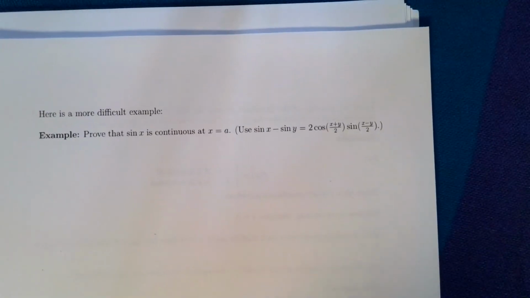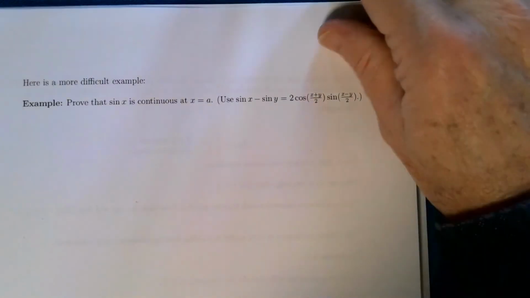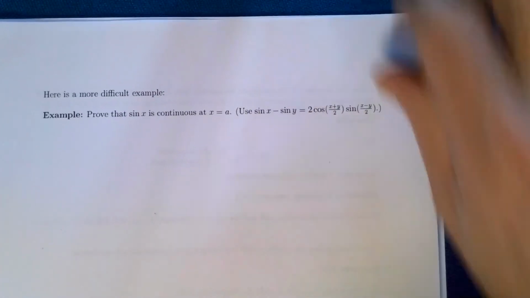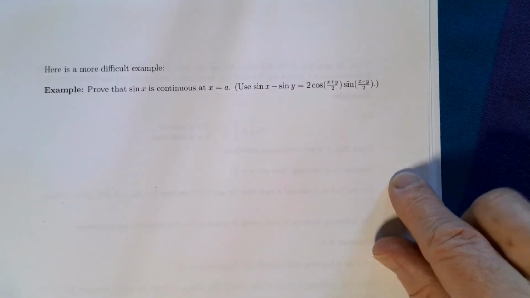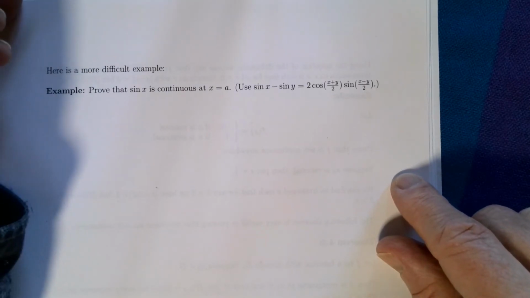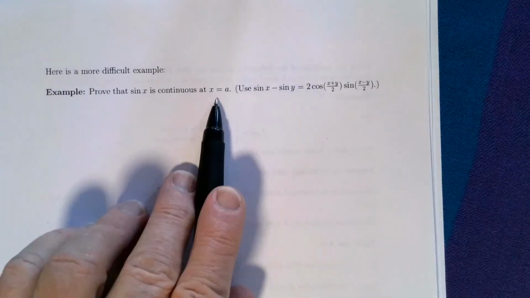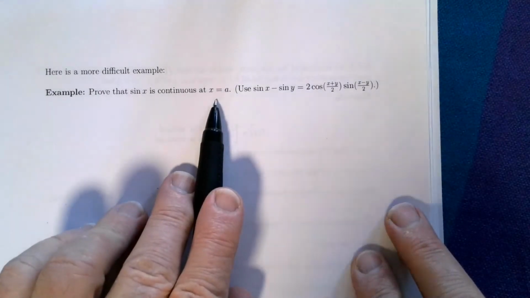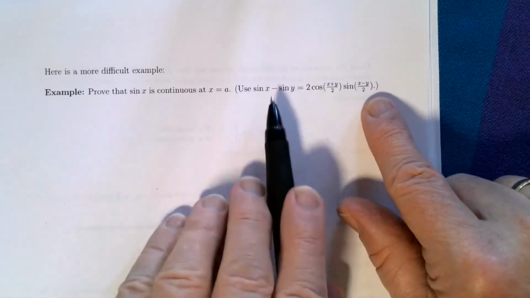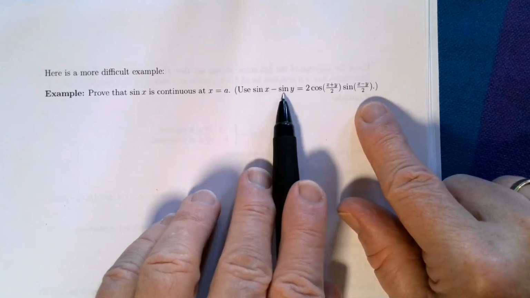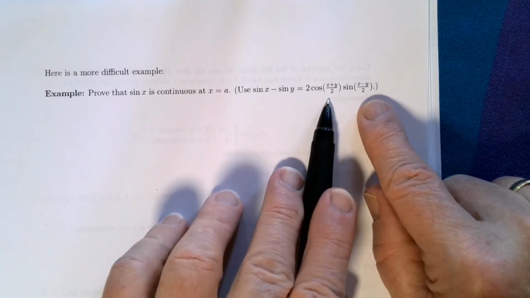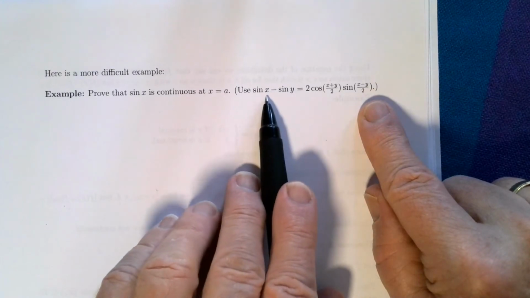Slightly more difficult example. We're going to prove that sine of x is continuous at x equals a. Now this is somewhat more to do, as you'll see. It's actually not quite so bad, and I give you a little help here. I give you this difference of two sines formula, which you may have come across before.